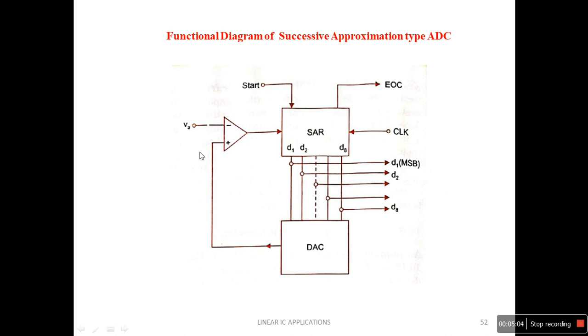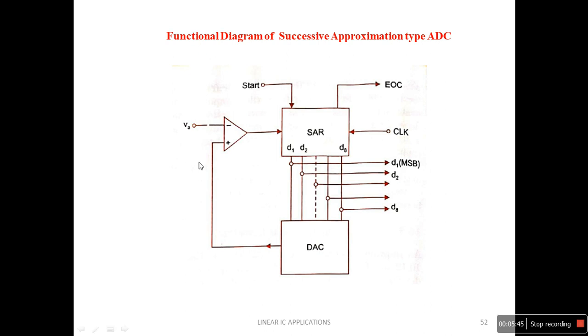is now compared with the input VA. What is the output value of this 1 0 0 0 0 0 0 0? That is compared with the analog input voltage. Just listen to the first procedure, then I will explain in detail. If the analog input voltage VA is greater than this VD coming from the DAC, the MSB, that is D1, is left at 1 only, and the next lower significant bit, D2, is made 1 and further tested.